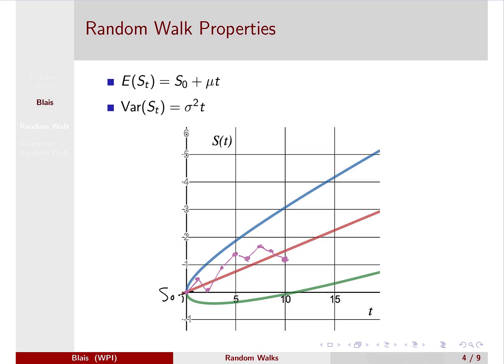And then using that variance, these are single standard deviation bands. So this gives us an idea pictorially of how our process should behave, but you get some kind of jagged path that looks like this.